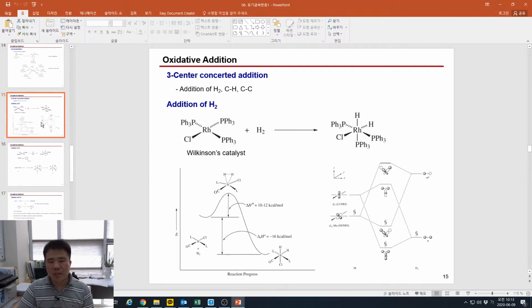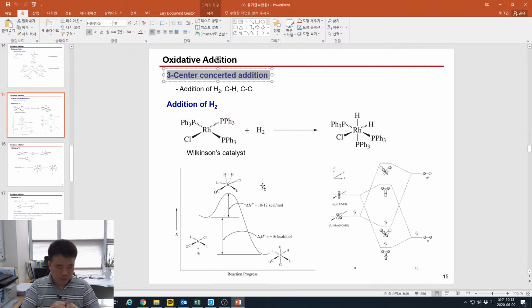So in this case, the mechanism is like this: 3-center concerted addition. Two hydrogens and iridium make a 3-centered triangle. So this is hydrogen gas and this is the transition metal.